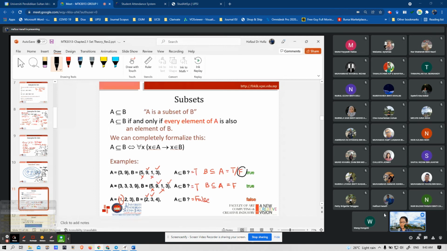Now, subset. We have A is a subset of or equal to B if and only if every element of A is also an element of B. When you see the definition, it says if and only if.